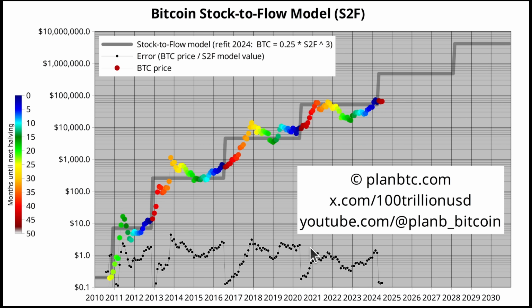So my expectation for the last period, the 2020 to 2024 period, was that Bitcoin would reach the model price, which it did actually, right? It reached this 50,000 multiple times, but normally it has been below the model, of course, in the beginning, just after the halving, and later in the bear market.